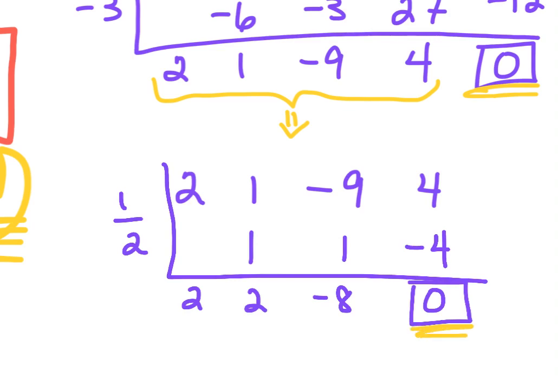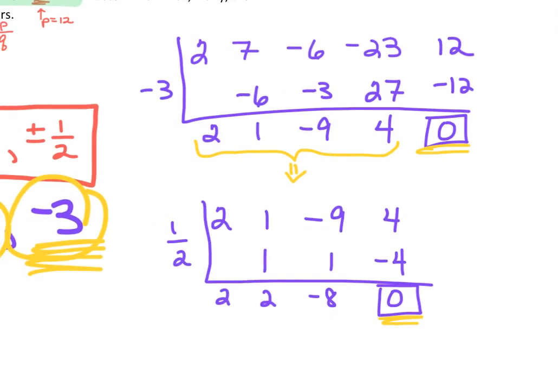Again, you're expecting it to be 0 because you know that 1/2 is also a factor or an x-intercept of this function, and so you'll get 0 as a solution if you substitute 1/2. But what I'm really looking for here is this quadratic, 2x squared plus 2x minus 8.